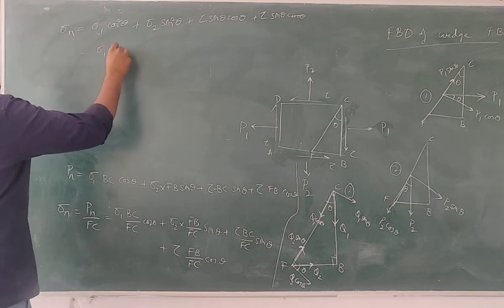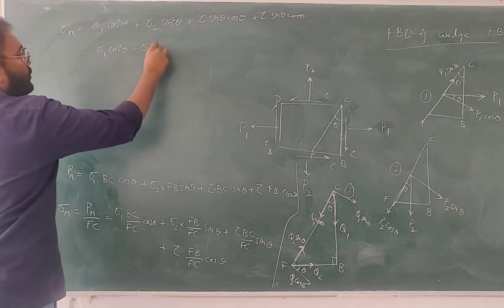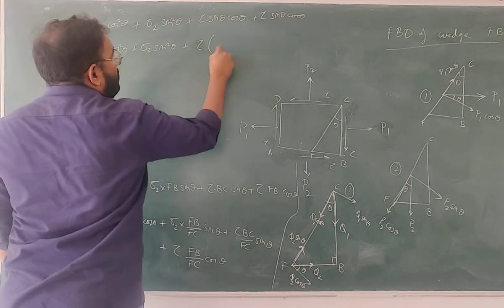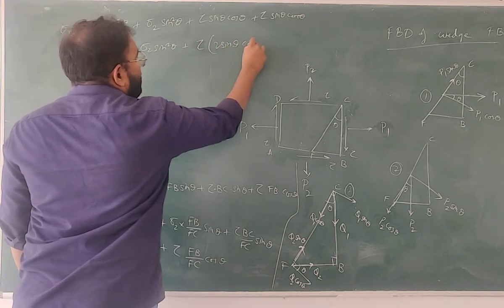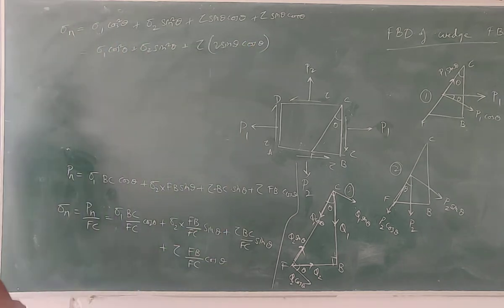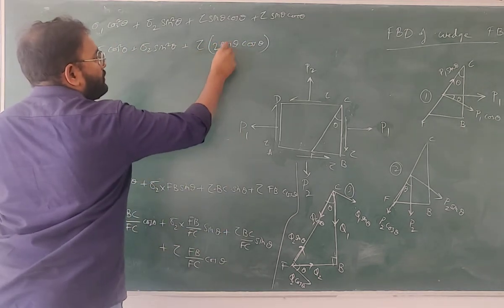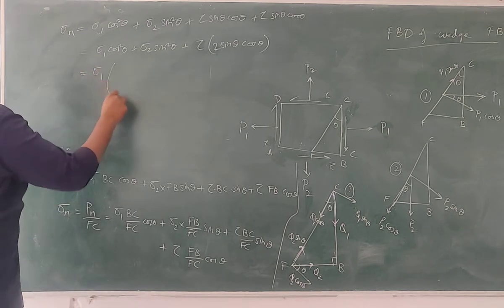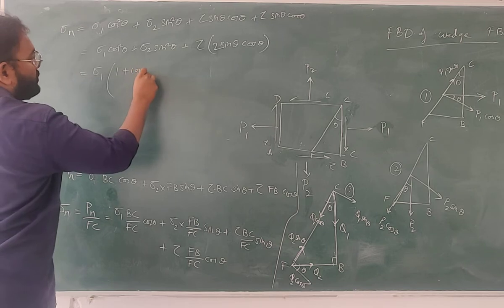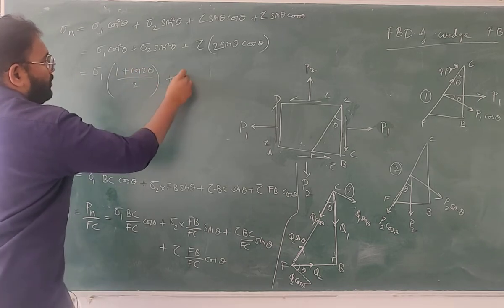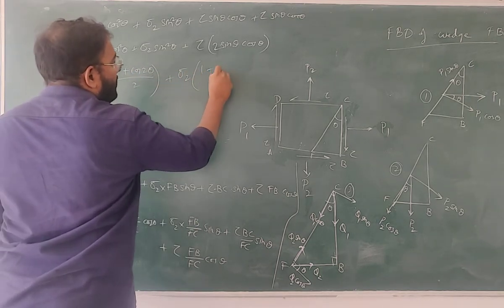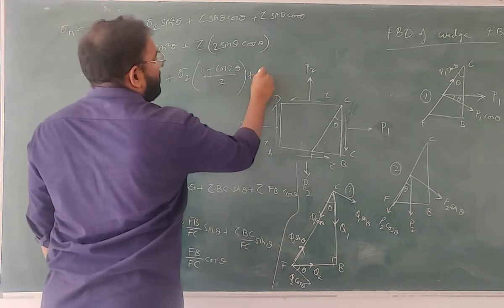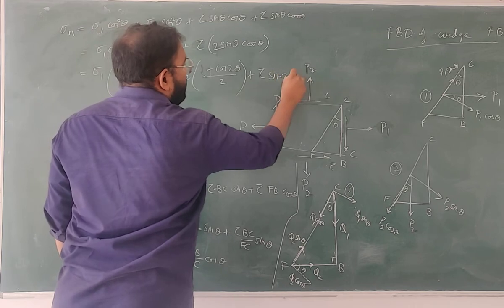Sigma 1 cos square theta plus sigma 2 sin square theta plus tau into 2 sin theta cos theta. Sigma 1 into 1 plus cos 2 theta by 2 plus sigma 2 into 1 minus cos 2 theta by 2 plus tau into sin 2 theta.